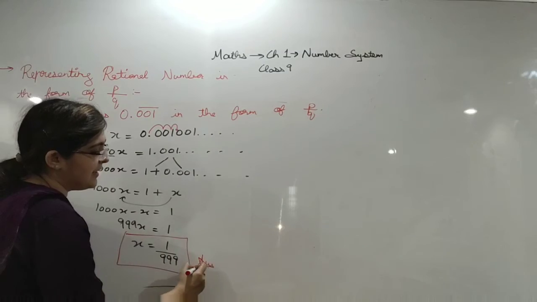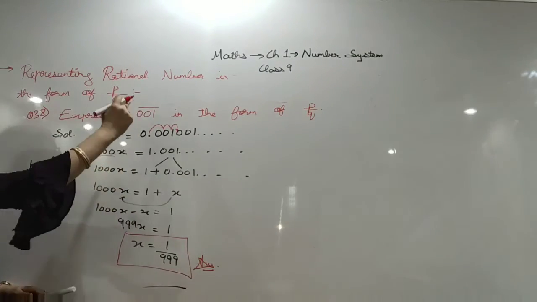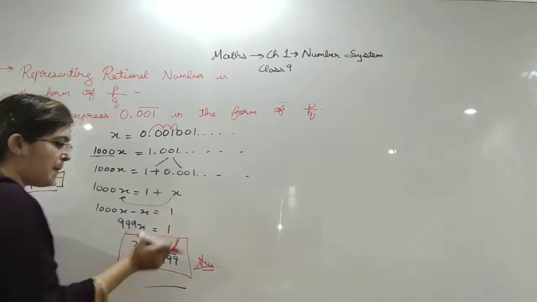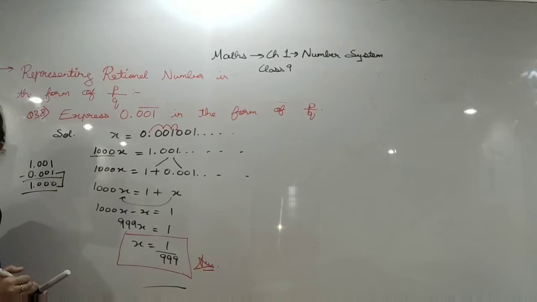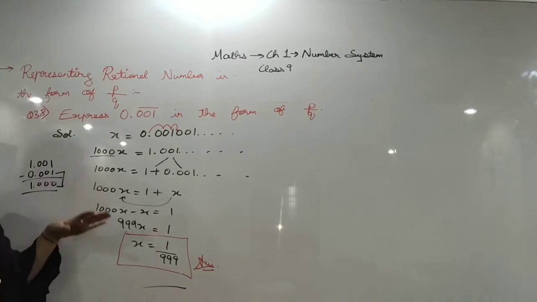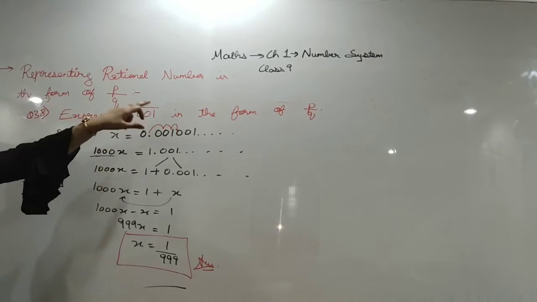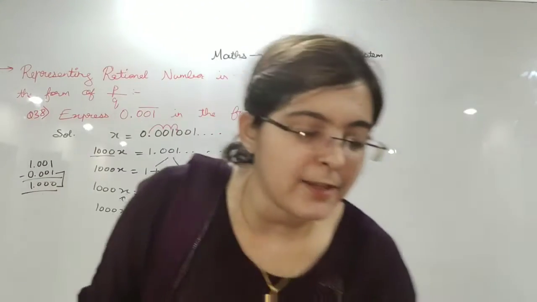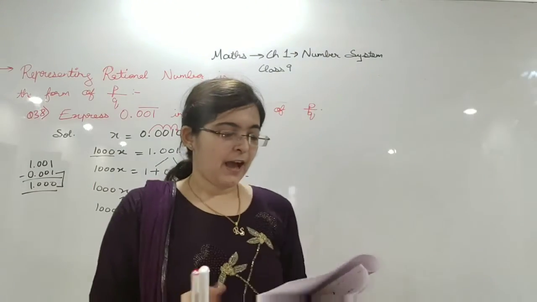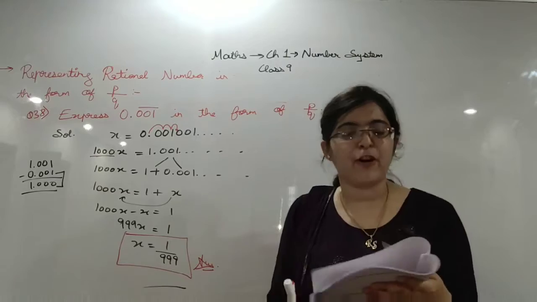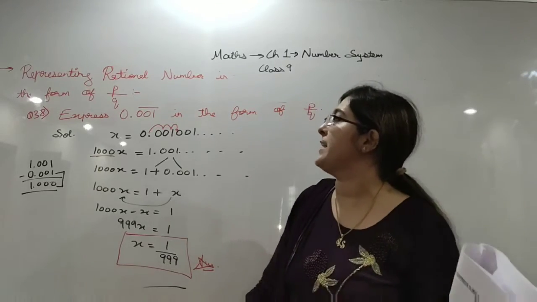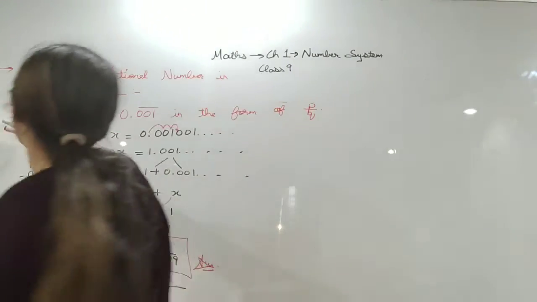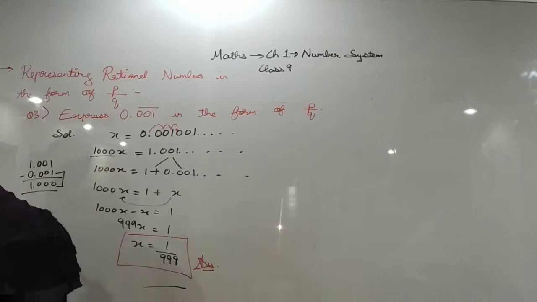We have converted 0.001 bar in the form of P by Q. Is it clear? This was a third variety in which the bar was on 3 digits. Clear, students? Pause the video and note it down. After this, see question number 40. Sorry students, this was question number 39.